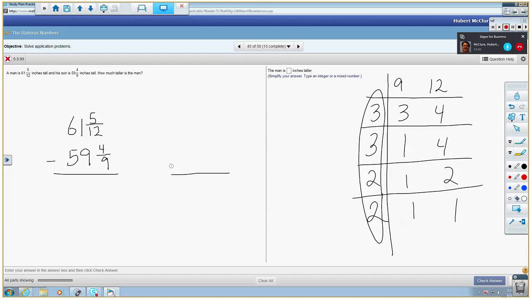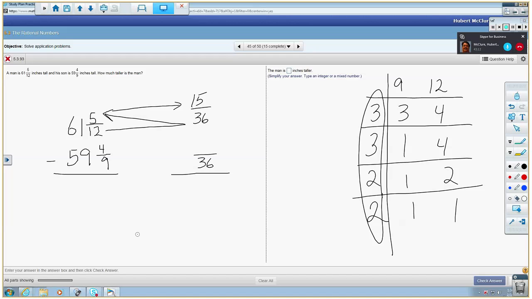So we put a 36 right here and a 36 right here. Now, I'm not worried about the whole numbers because you can subtract whole numbers. The only thing I'm worried about is the fractions. So, how many times will 12 go into 36? Well, 4 times 3 is 12. So, how many times? 3 times. 3 times 5 is what? 15.